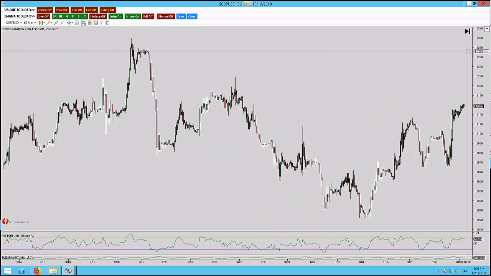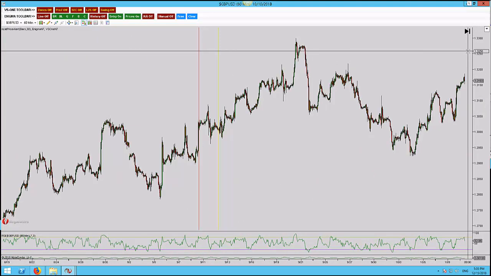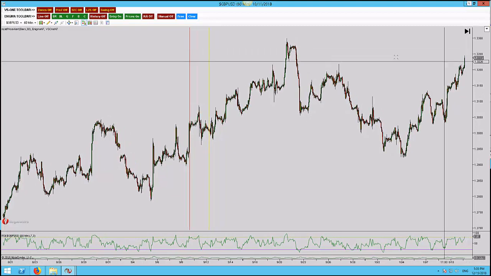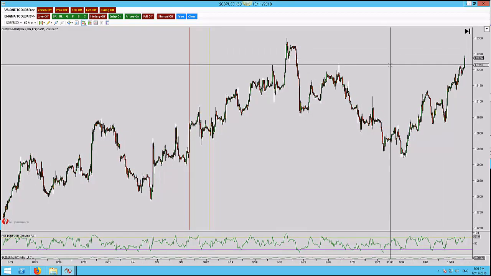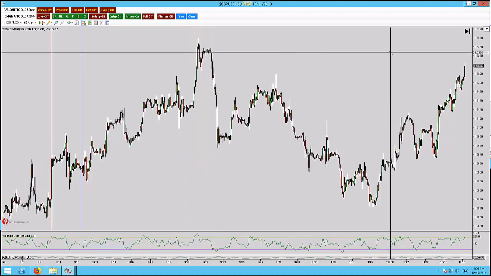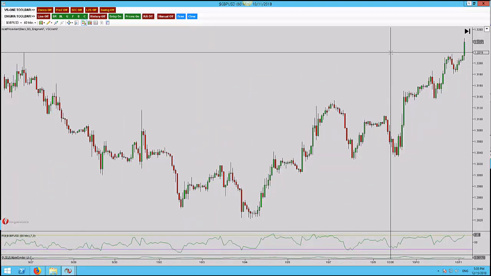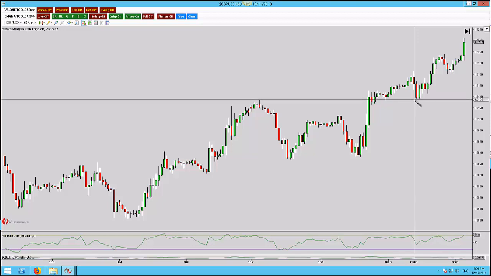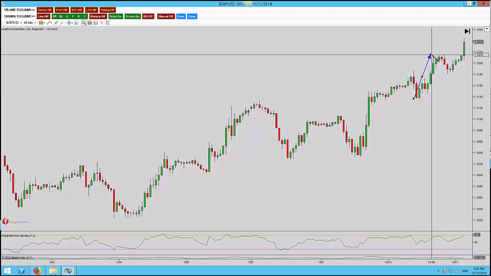So let's carry on. Okay, still going higher here. Okay, I'm now looking at this AB equals CD pattern, and we're getting to our structure highs on the daily, so I will then be looking for a head and shoulders.